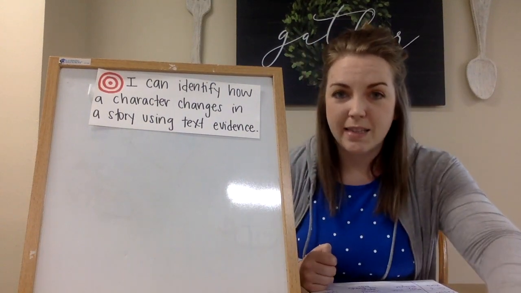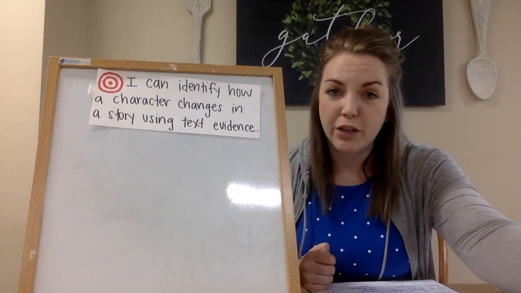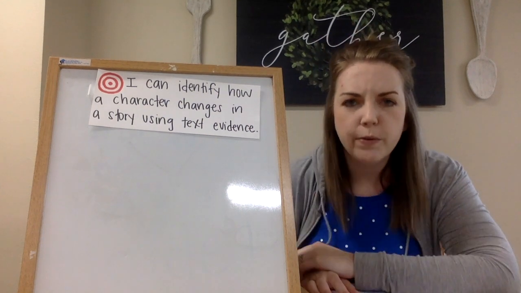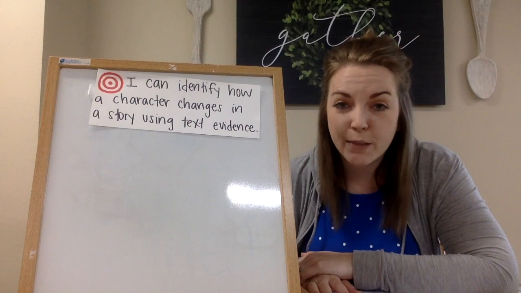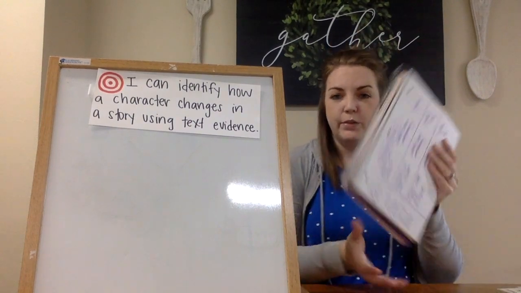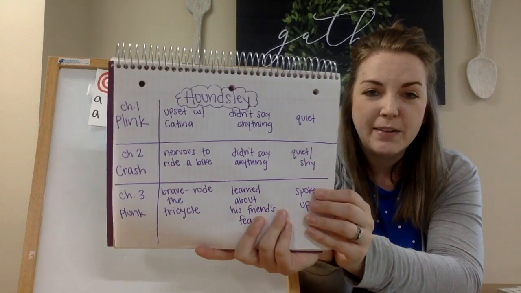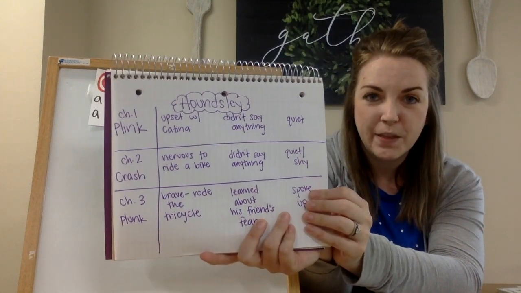Now, I know that second graders stop and jot while they're reading. They think hard about what characters are doing and saying, so that's what I did. As I read those 3 chapters, I did a stop and jot, and I wrote down some of my ideas, and I want to share them with you.